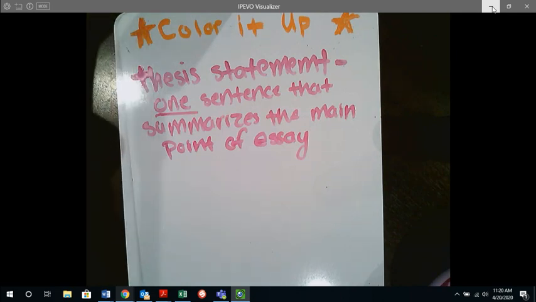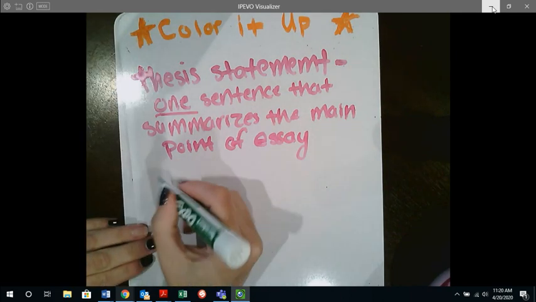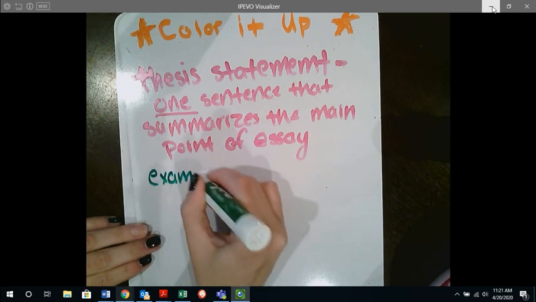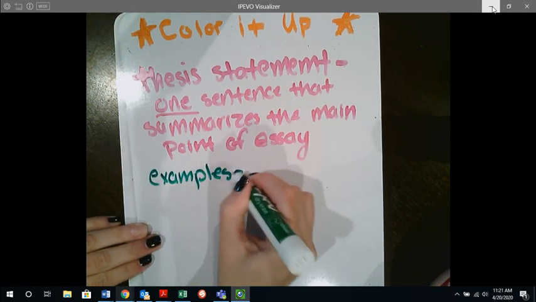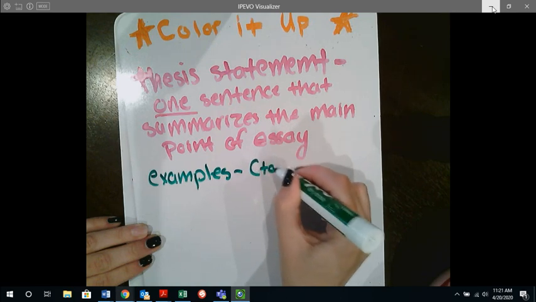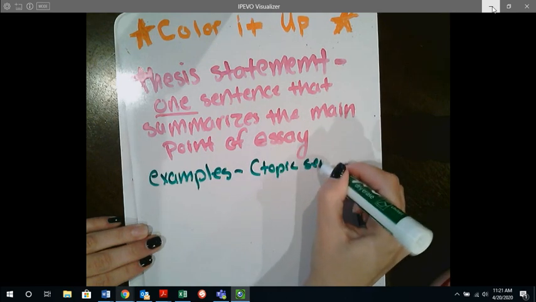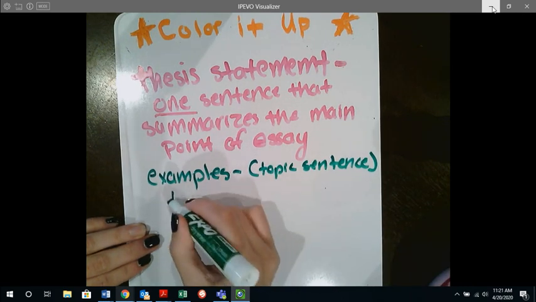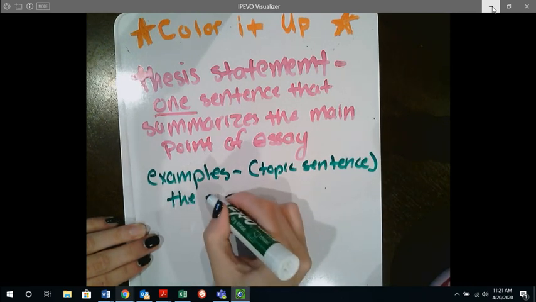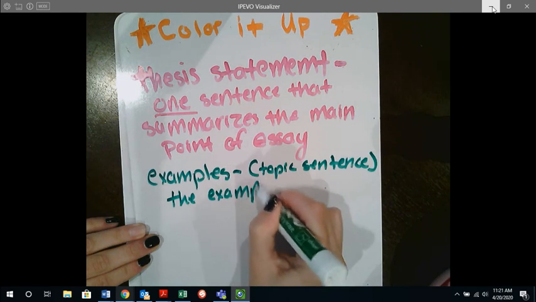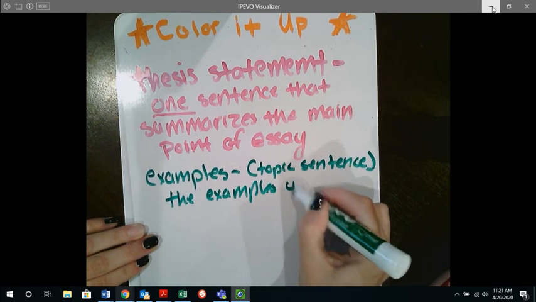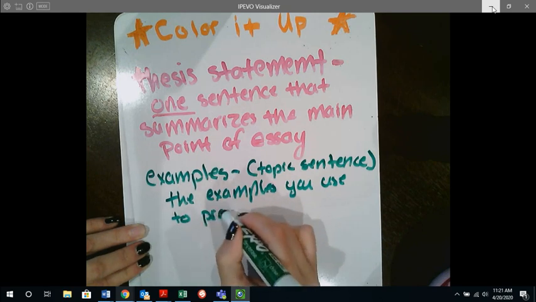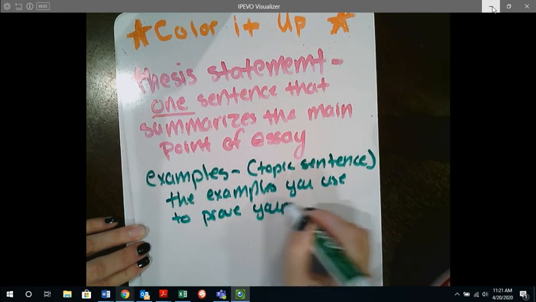Next thing that you'll be highlighting in these essays is going to be the examples. These are also known as those topic sentences. These are the examples you use to prove your thesis statement.